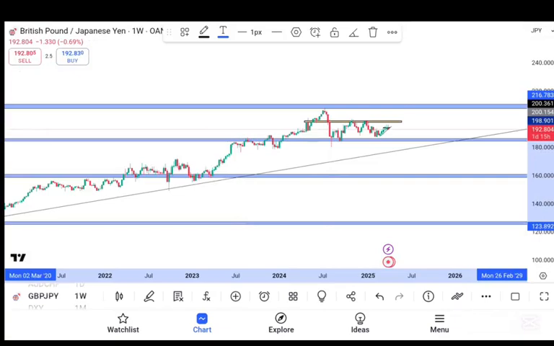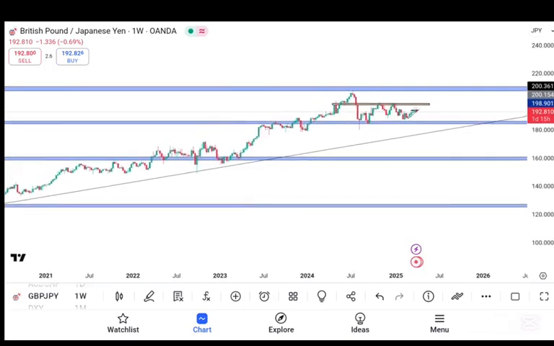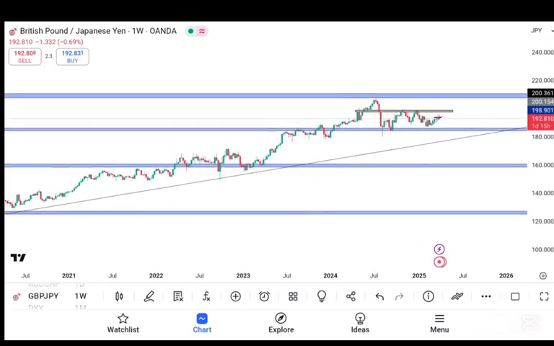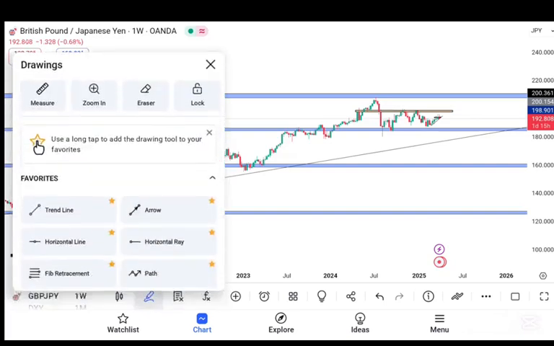These are key levels which have been plotted on the weekly time frame. I had already done this. If you want to know how to draw your key levels, you go to our previous videos on the best strategy to the forex market.